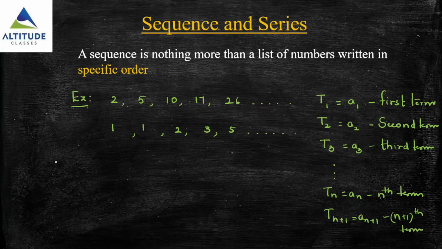If you take this example, T1 or A1 is nothing but 2. This is the first term. T2, A2 is 5. T3, A3 is 10. T4 is 17. T5 is 26, so on.